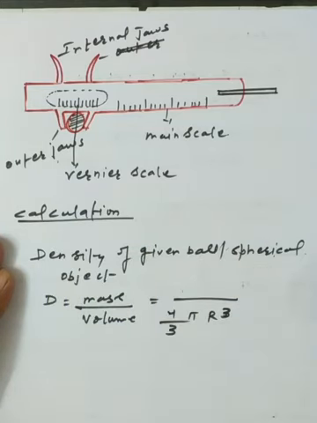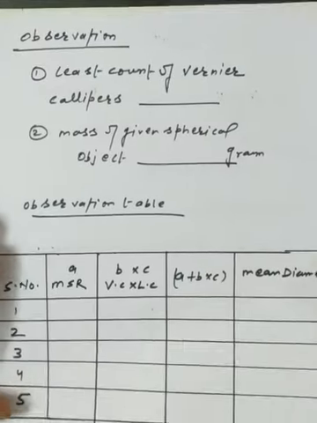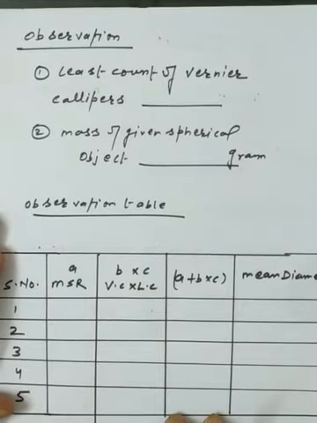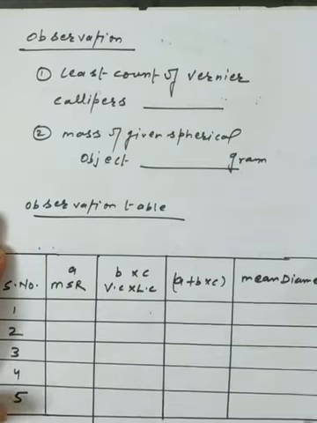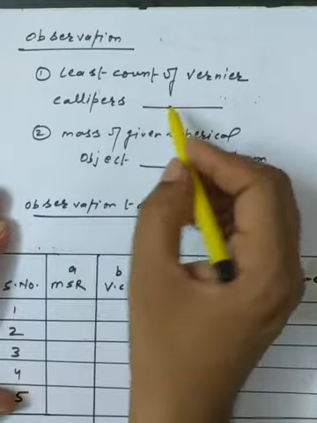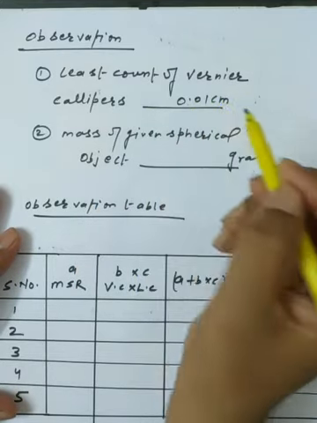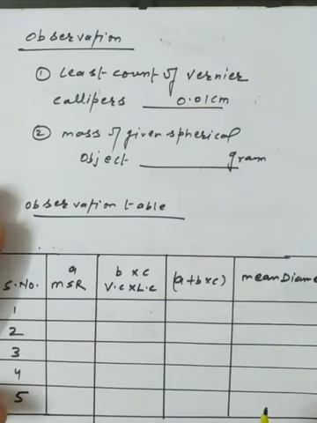Now here we have the task to mention the reading, and before starting the concept of the reading, we have made two certain observations. Already we have discussed the meaning of the least count. So it comes in centimeter, that is 0.01 centimeter, it's the least count we have, and we should write it from the theoretical concept.